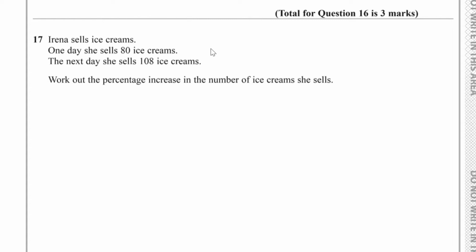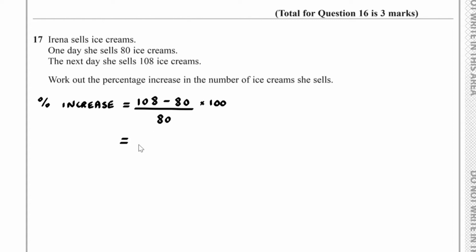So the percentage increase, we've got this change, 108 subtract 80, and then we divide by the original 80, and then I need to times this by 100 to convert it into a percentage.